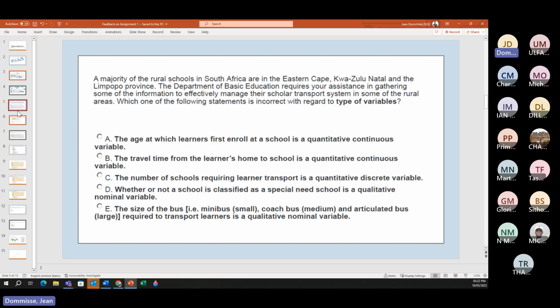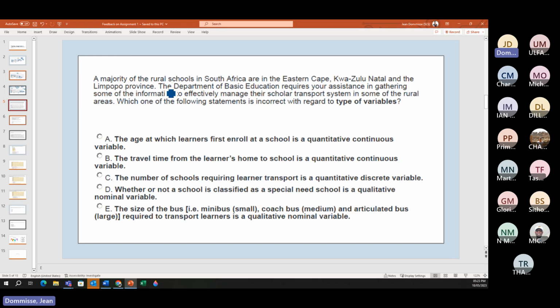So what they now add to that is to say, okay, but there are still types of variables, and now we're looking at whether you understand the difference within quantitative and within qualitative. So they basically want to see if you can understand those lower levels of the variables.